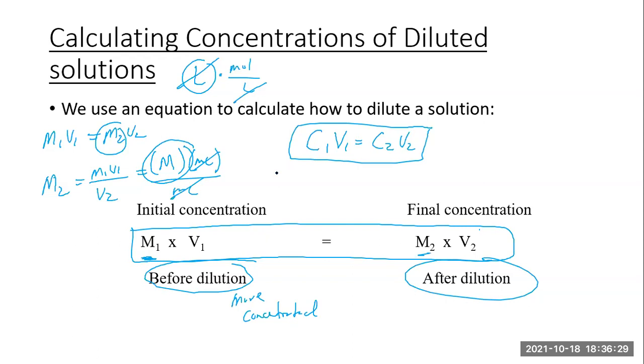But C here just stands for generic concentration. So you technically could put into this equation those units we saw earlier, percent mass, percent volume, percent mass to volume, instead of molarity. But most people will go with M1V1 is equal to M2V2, because molarity is the most common unit of concentration. Any questions on that?